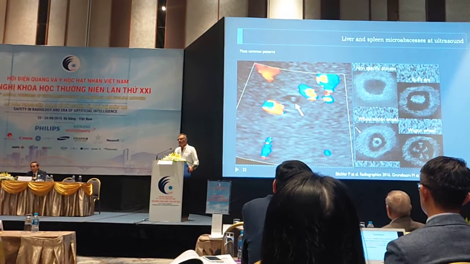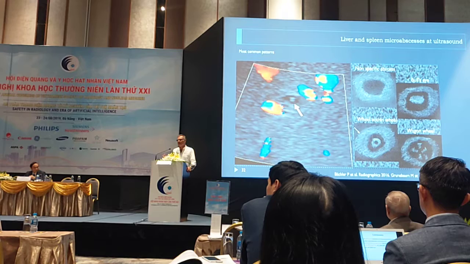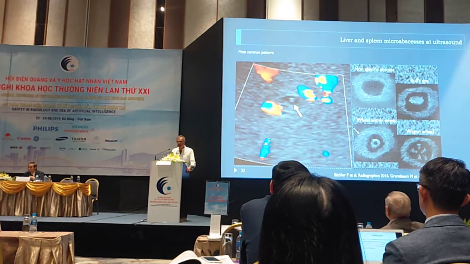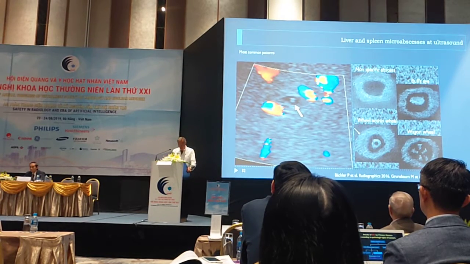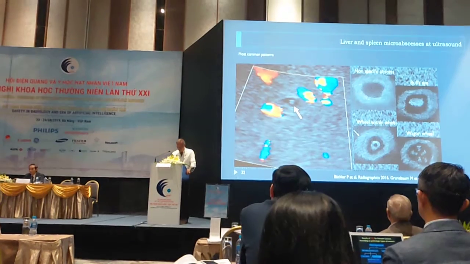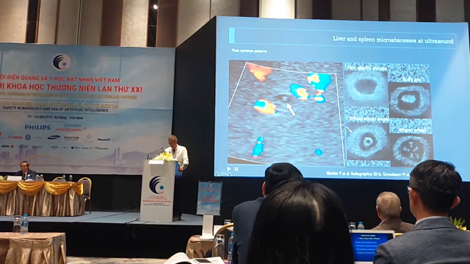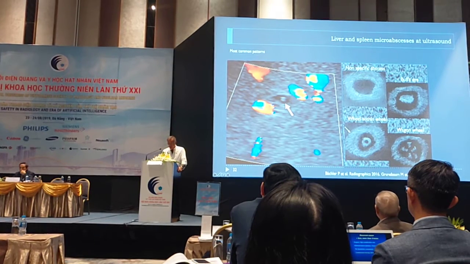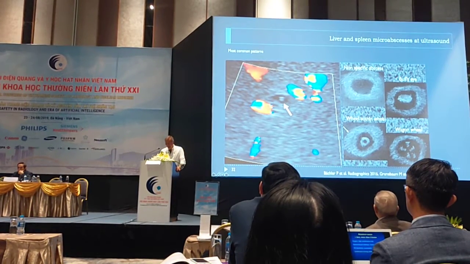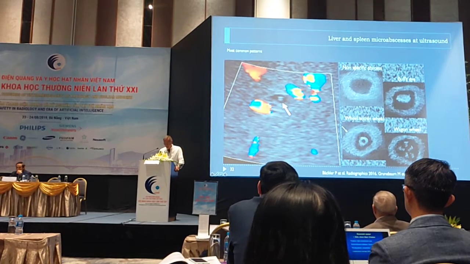Now, if you look at the literature, there have been many descriptions of the anomalies in the liver, and of course you can have a non-specific abscess like this. You have a hypoechoic center with a hyperechoic rim. The most typical ones are this one.